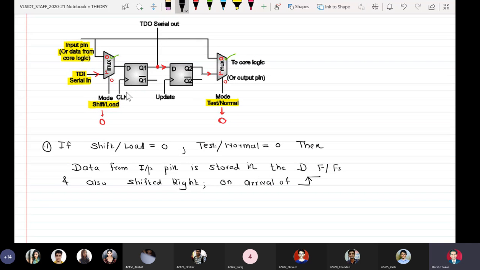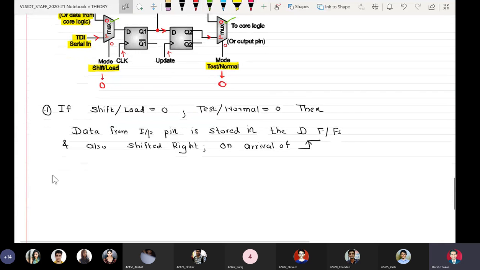Okay, so these are all edge triggered systems. This is positive edge triggered. This is also positive edge triggered. Both of them.